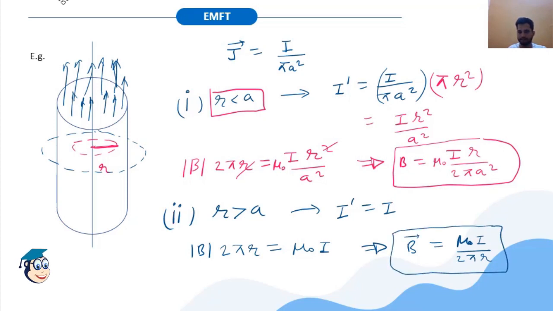Okay, the direction would be along phi cap. So it is the second case in the cylindrical wire.